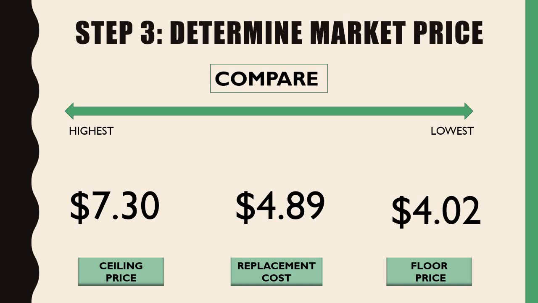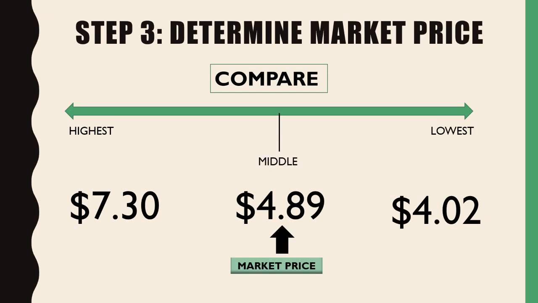Now, this is how you're going to determine which is the market value. You're simply going to take the number that's in the middle. If you remember that little house I was talking about, if the ceiling is $7.30 and the floor is $4.02, what's in the middle? What's in between the house? What's in between the air? That's going to be the $4.89.